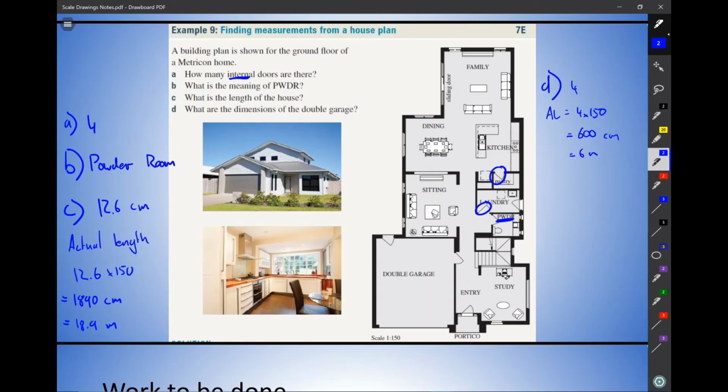And the width of the double garage is about 3.5. So the actual width is 3.5 times 150. Which is 525 centimeters, or 5.25 meters.